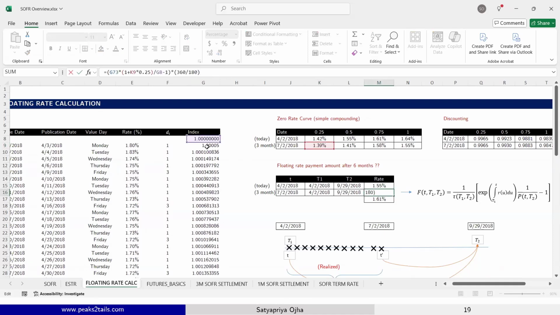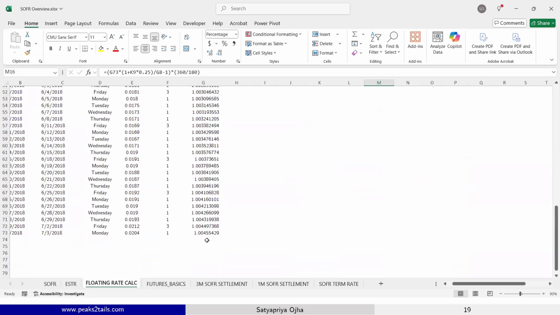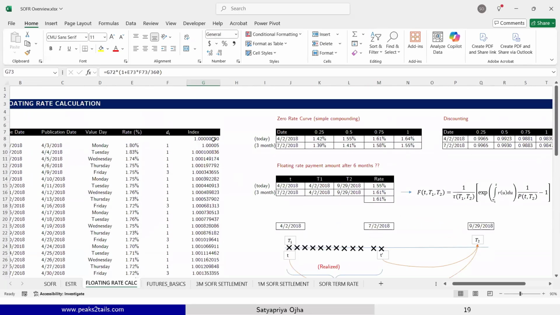See, shortcut calculation. What I did is I used the index as a shortcut. The total compounding factor over the last 3 months is simply the final index divided by the initial index. That's the growth factor. So look at this calculation. G73 is the final index, divided by G8, the first index. So that's the growth factor, multiplied by the factor from this 1.39% rate for the next 3 months, another compounding factor for the remaining period, which I'm taking from the rate curve.